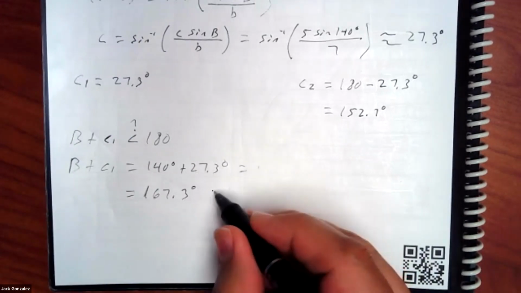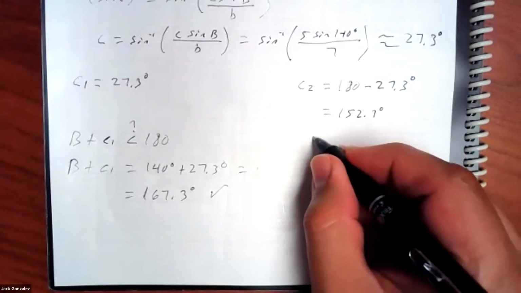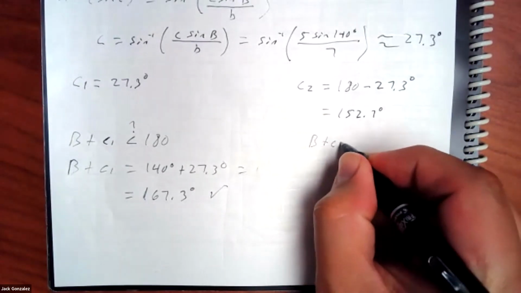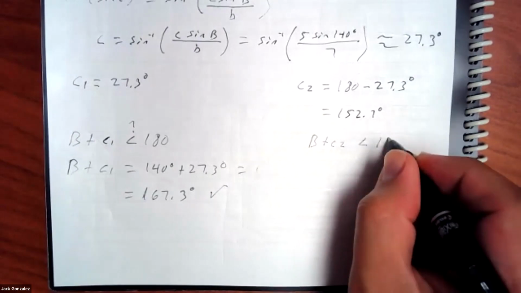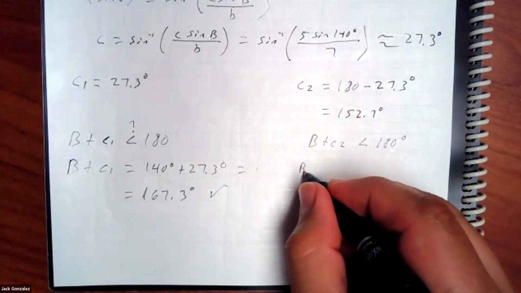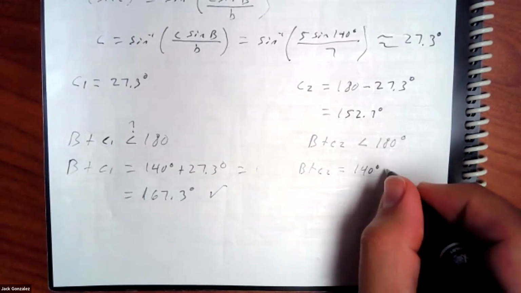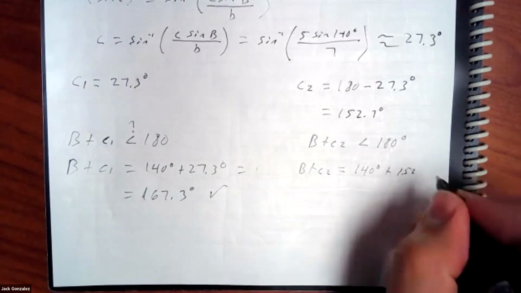Cool. So now check, what about B plus C2? Is that less than 180? B plus C2 is equal to 140 plus 150. So you see the problem, right?